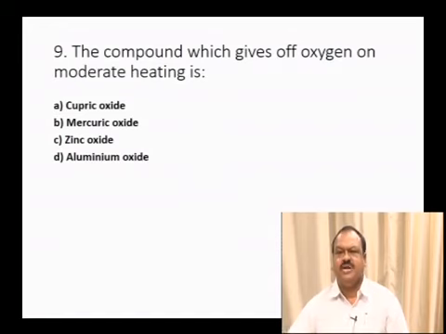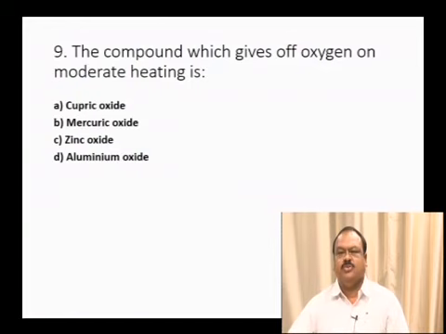Next question. The compound which gives off oxygen on moderate heating, means at low temperature, the following oxides produce oxygen: cupric oxide, mercuric oxide, zinc oxide, aluminium oxide. As per Ellingham diagram, mercuric oxide curve passes the delta G zero curve at low temperature, hence it readily produces oxygen at very low temperature.